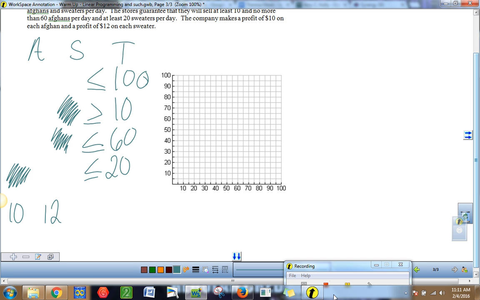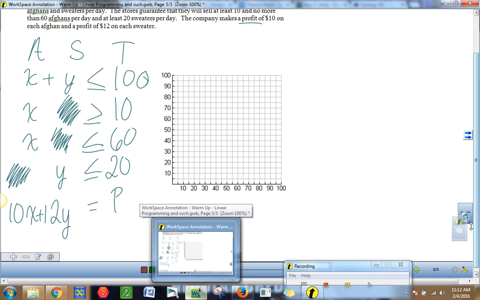That's the one that you're going to substitute in the coordinates for. This is like the equals P or equals C or equals R. In this case, it's a profit, so you could say it equals P. And then you just go in and put an X in all the spots over here, and a Y in all the ones over here. That's how I approach these problems.